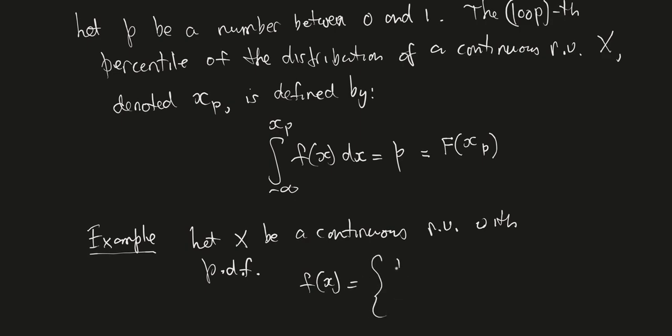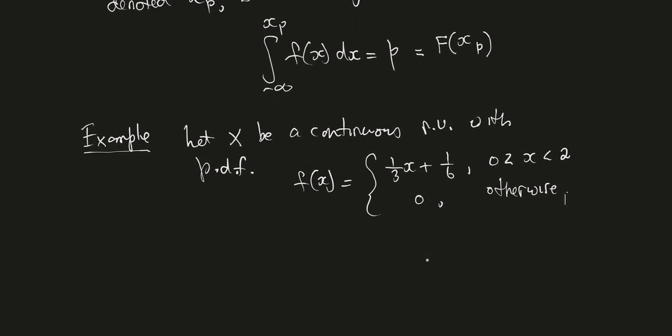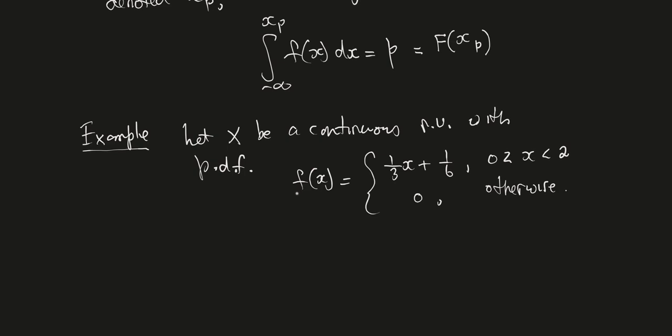So this will be 1/3 x plus 1/6, and then the sample space for this one is the interval x between 0 and 2. It actually doesn't matter if I include the endpoints or not. And then 0 otherwise. All right, so there's our PDF.